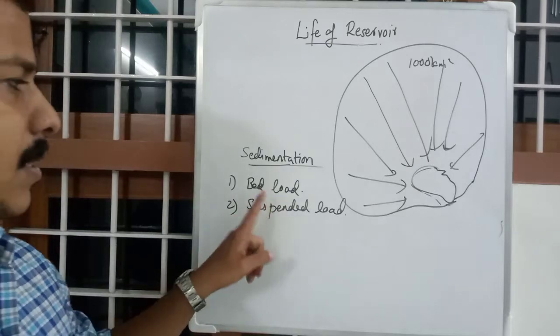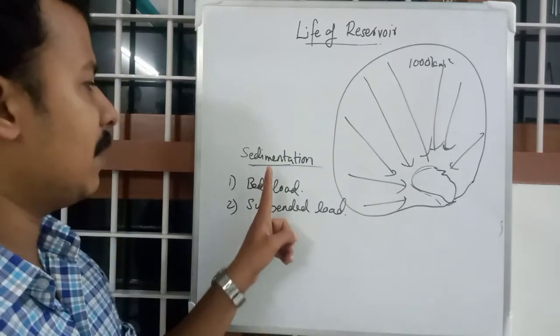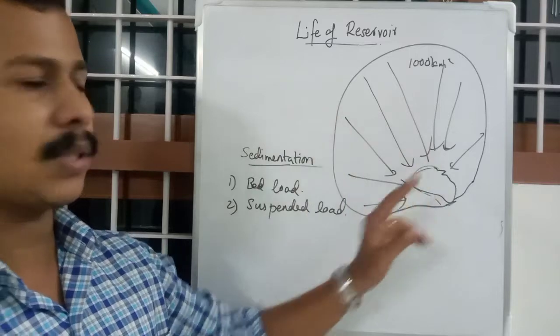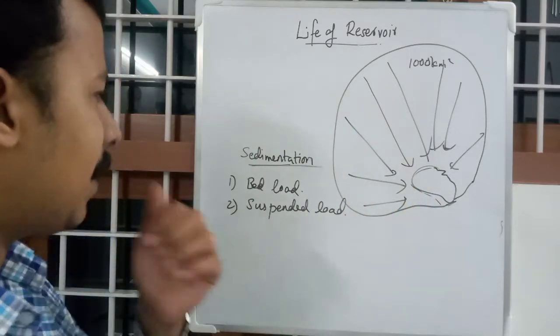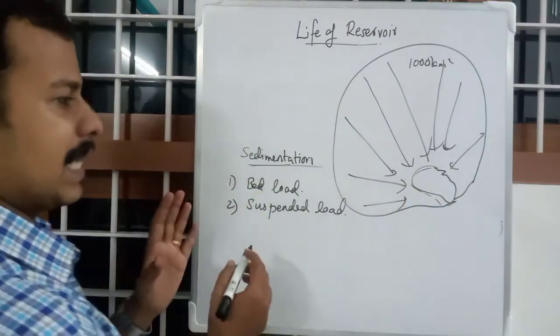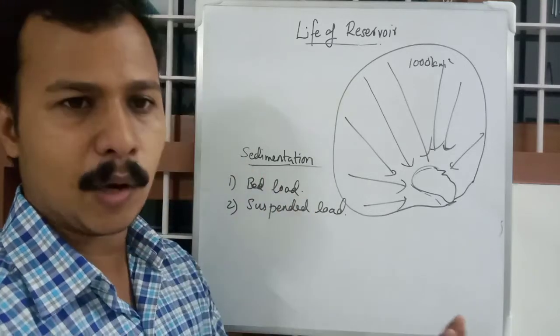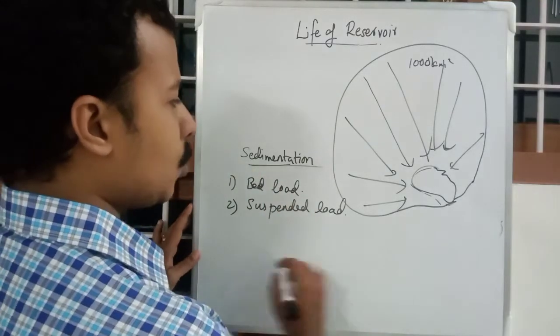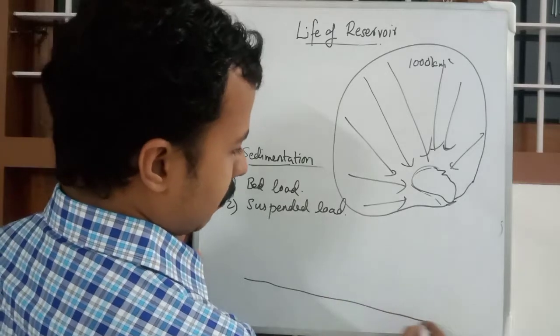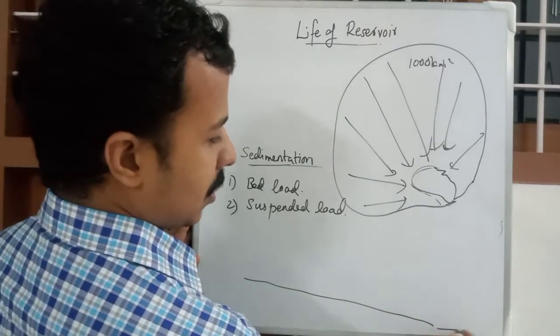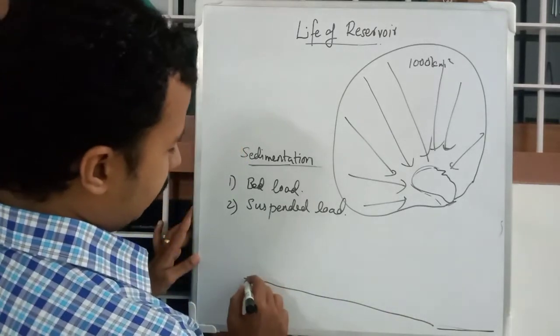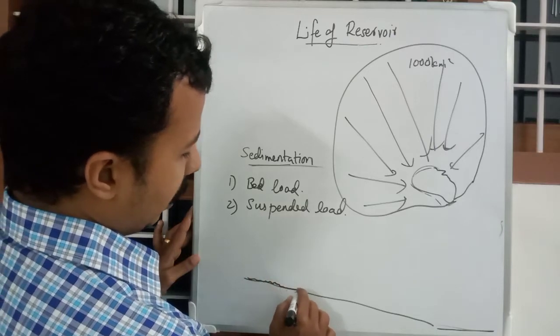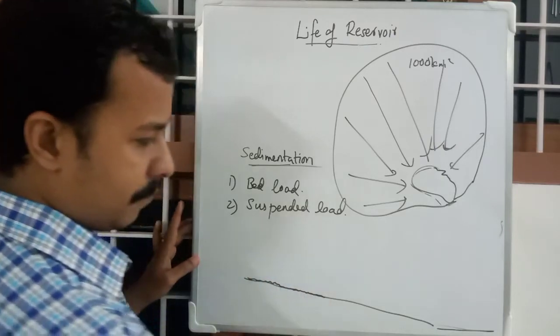These are the two ways by which sedimentation can occur in a reservoir. This is very simple. Bed load is the load of silt that is transported by the rainwater along the bed. If this is the cross section and this is the reservoir, the silt particles move only through the bed itself.